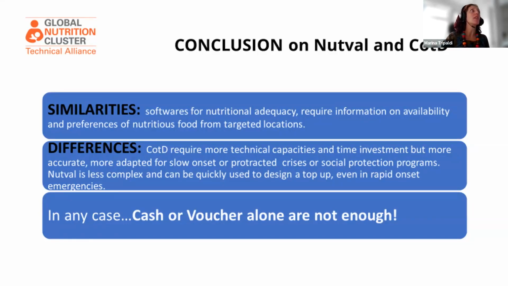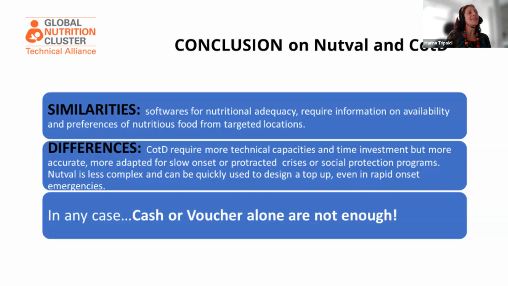Maybe it's more appropriate in a slow onset crisis or in a protracted crisis, in a setting where we have access to the area, in a more stable setting, where we would like to develop a CVA for nutrition program, and we can have time and capacities to invest in its development.